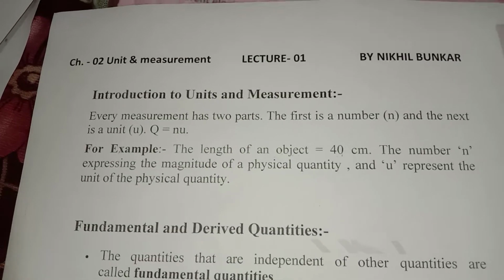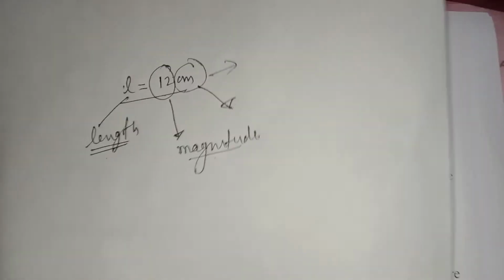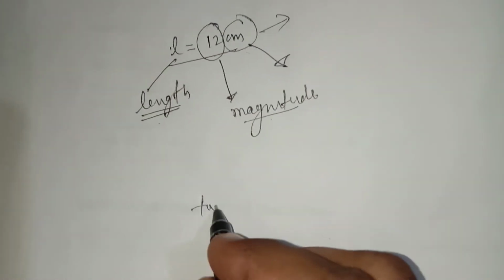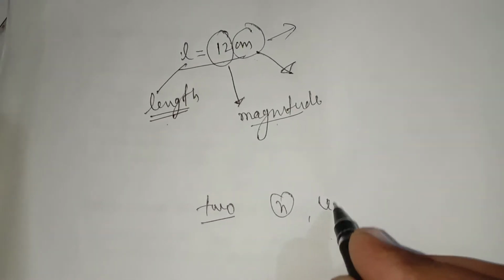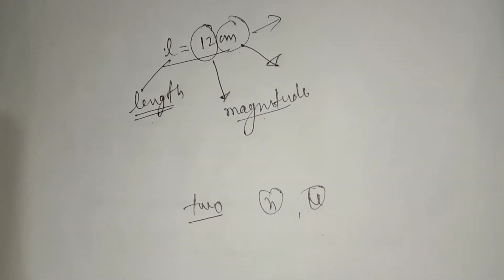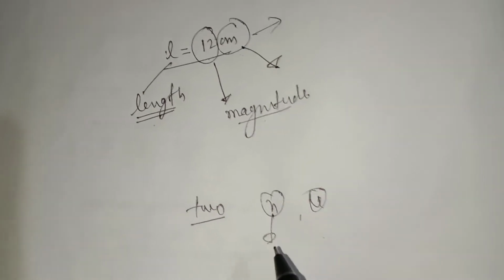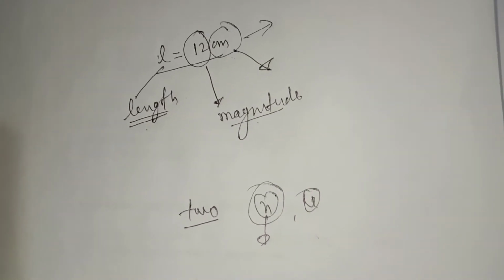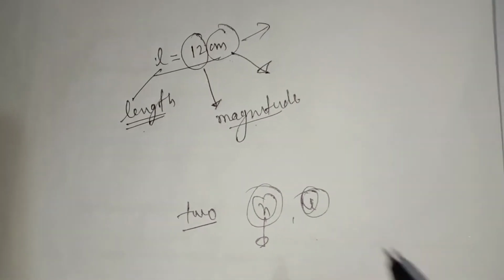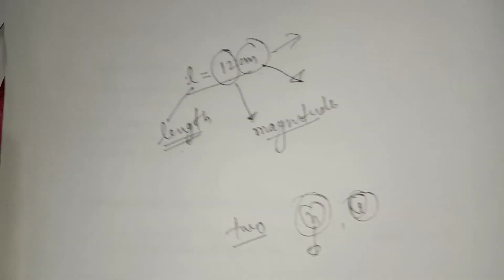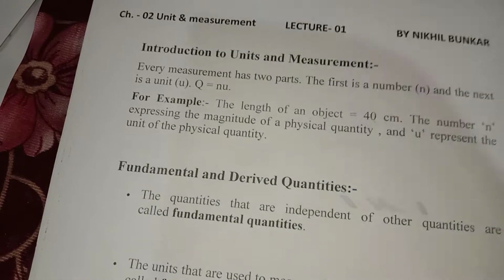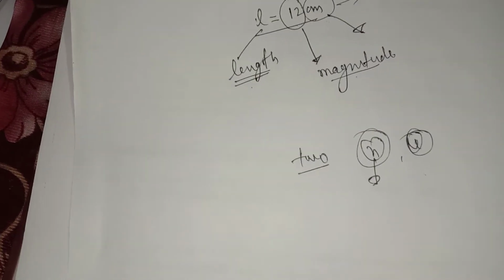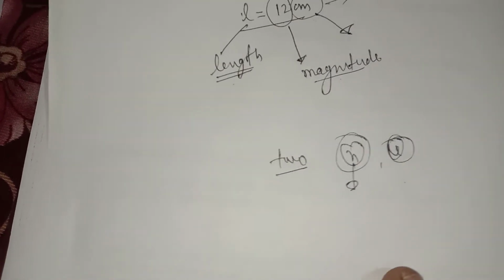So we can say that every physical quantity has two parts, number and unit. In every physical quantity there is some magnitude, shown by a digit or number, and there is a unit, represented by u. So let us take one more example to understand the importance of the unit in every physical quantity.